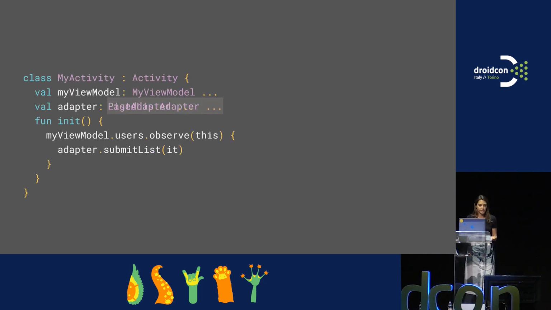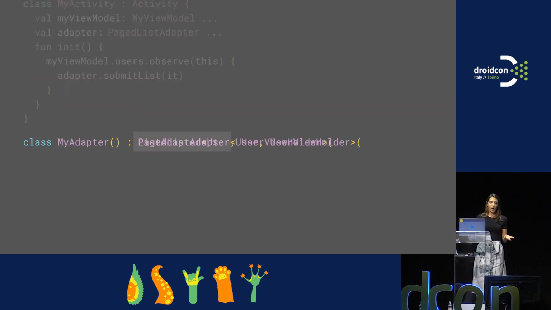Then in our activities, instead of a ListAdapter, we would work with a PagedListAdapter. And then in our adapter implementation, instead of a ListAdapter, we would switch to a PagedListAdapter. In the end, the PagedListAdapter is actually just an extension of the ListAdapter that also knows how to work with the PagedList.